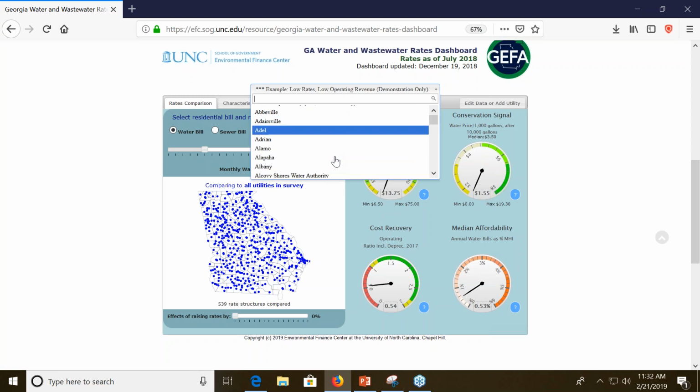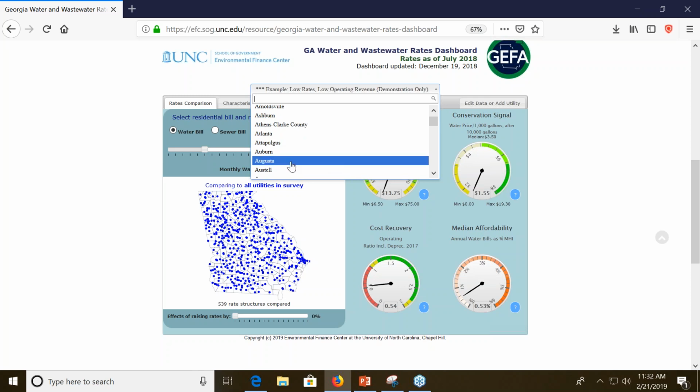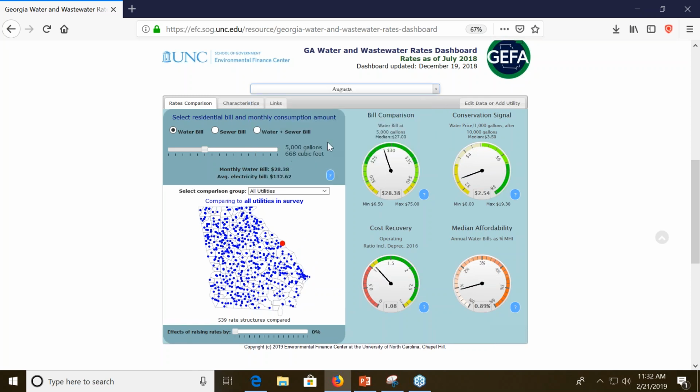So let's say, who should we pick? Augusta. Let's go with Augusta here. Okay. So Augusta, water, 5,000 gallons, monthly water bill here, looks like they're right in the middle. And a new feature that we added last year is the average electricity bill.